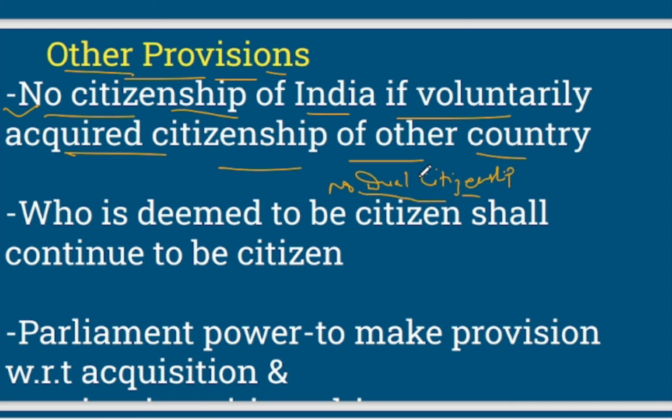There are many countries in the world which have dual citizenship, but that is not there in India. The countries which have dual citizenship are Italy, UK, then US also, and Pakistan also has dual citizenship, but with certain limitations, certain clauses are there, right?